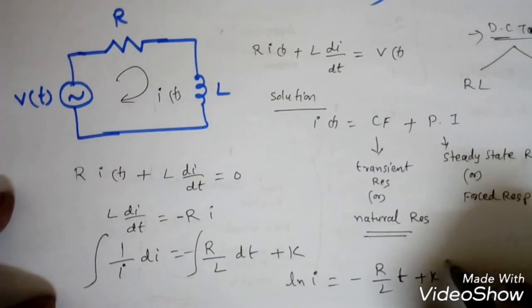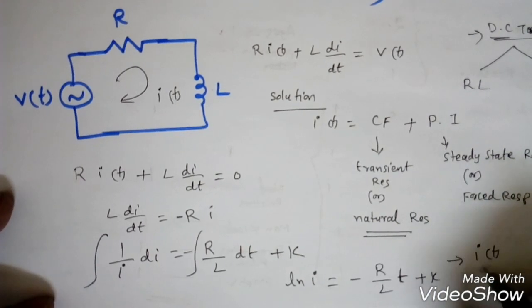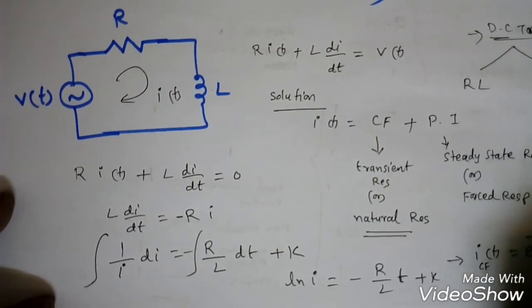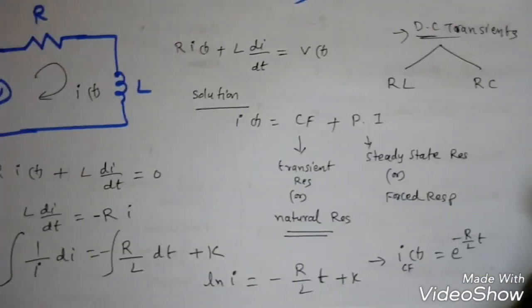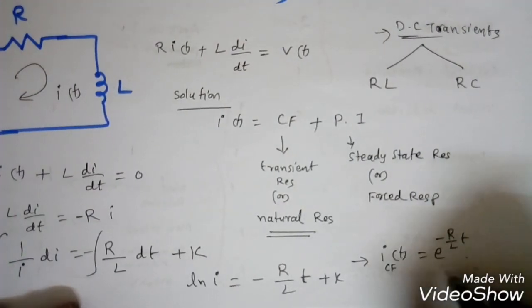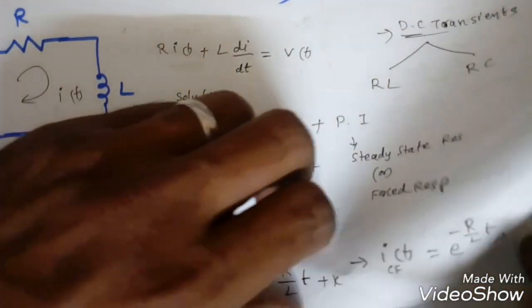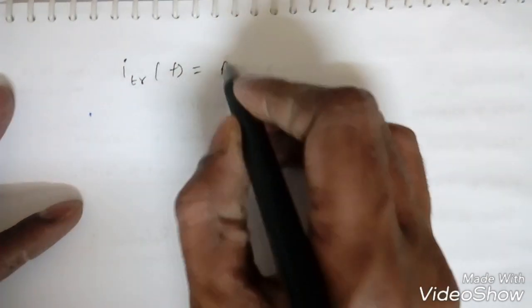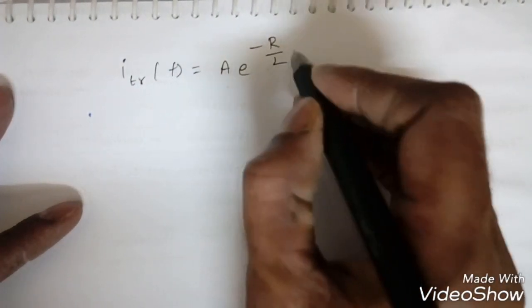But we need i(t), so the complementary function i is equal to e power minus R/L into t into e power k. That e power k I am assuming to be some constant A. So the complementary solution is i(t) equal to A into e power minus R/L into t.